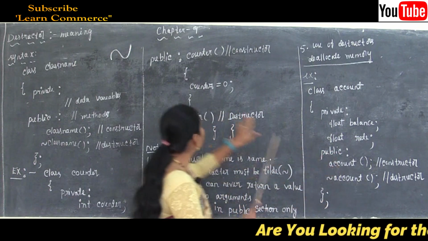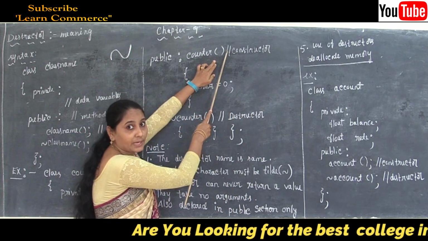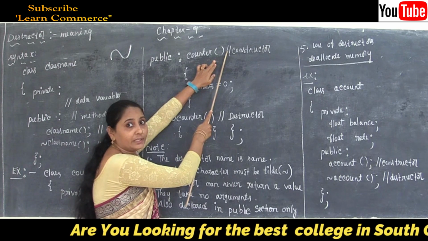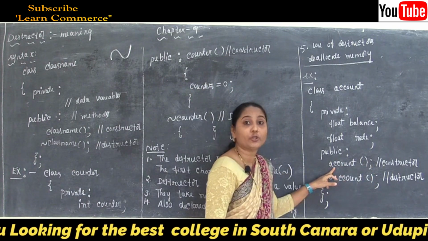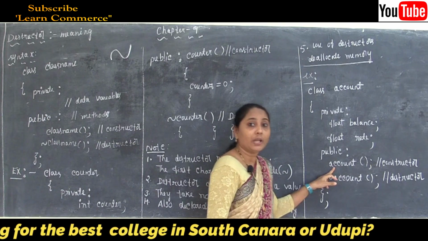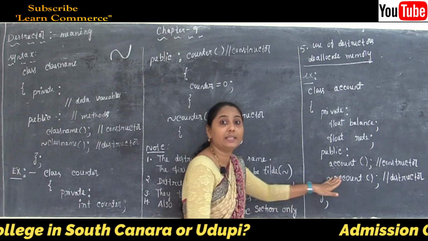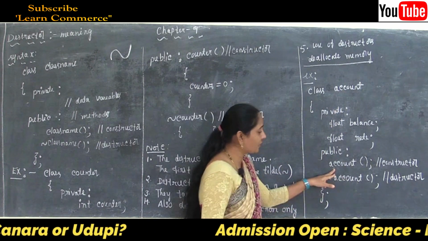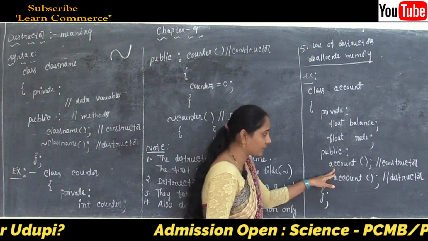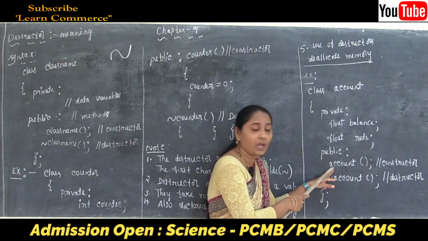See the difference: if the semicolon is not there, it is a definition, but here I used the semicolon, which means I am declaring the member function. Remember, no data type is used, directly the class name. So the special member function for this constructor is named account.